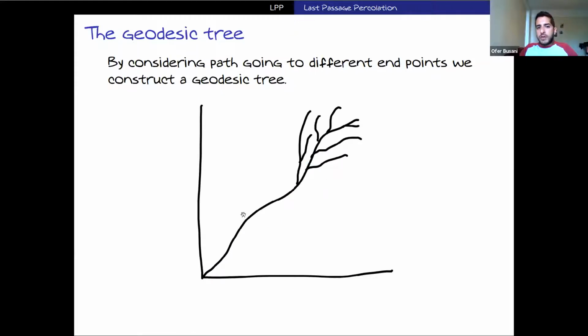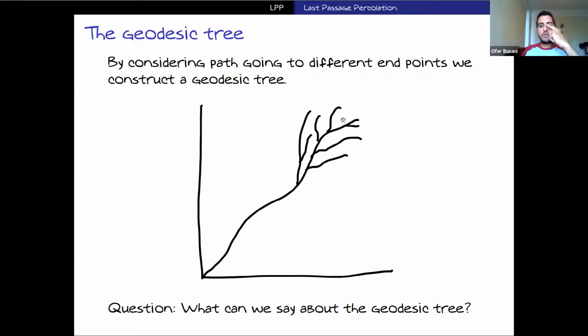Now, if we fix the origin here and we look at different endpoints, by the uniqueness of the geodesics, we will construct a tree, what we call the geodesic tree. And the question now is, what can we say about this geodesic tree?